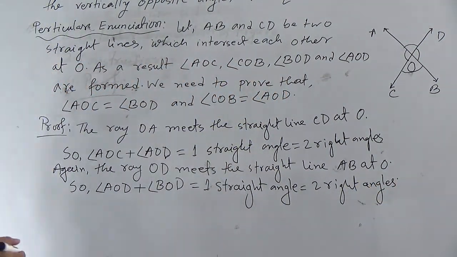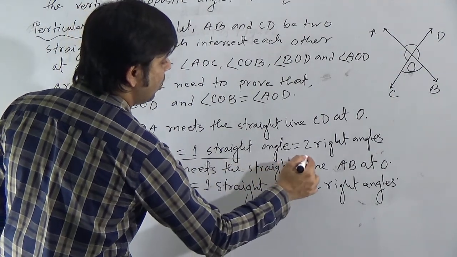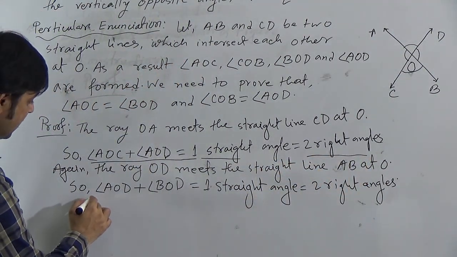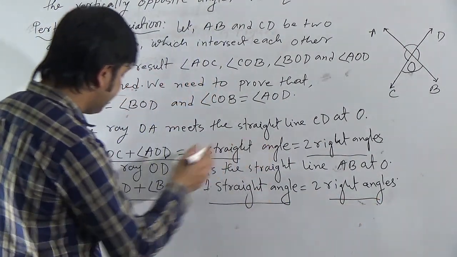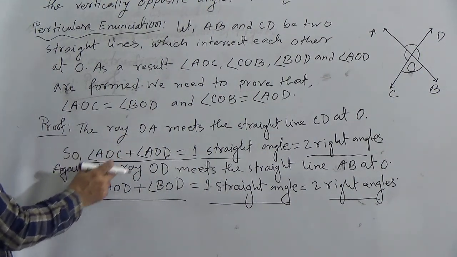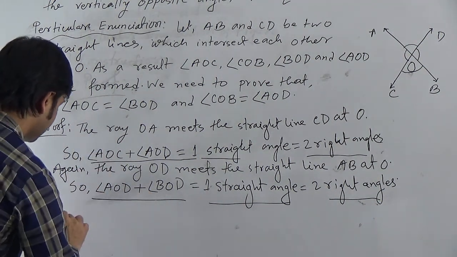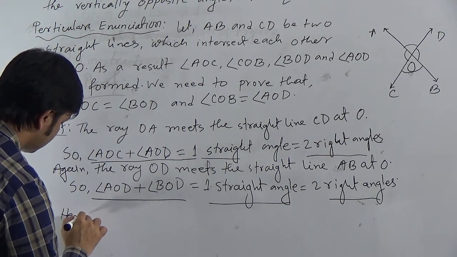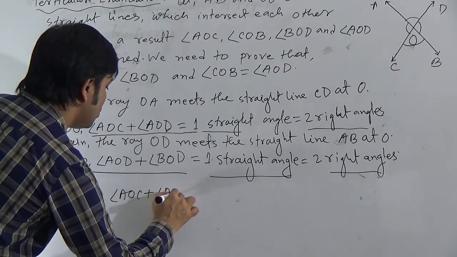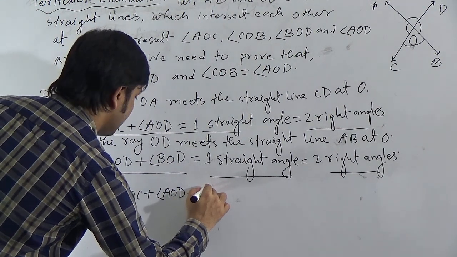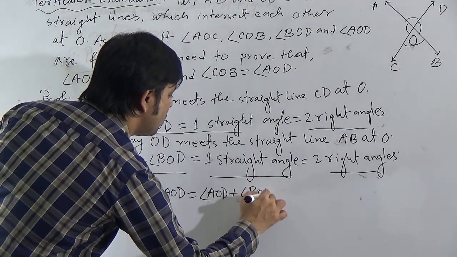Dear students, now notice here, the sum of angle AOC and AOD is one straight angle or two right angles. In this line, the sum of angle AOD and BOD is equal to one straight angle or two right angles. It means that the sum of angle AOC and AOD and the sum of angle AOD and BOD are equal. So we can write, hence, angle AOC plus angle AOD equals angle AOD plus angle BOD.